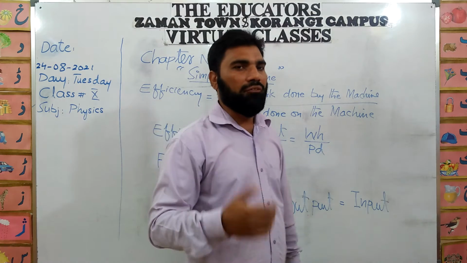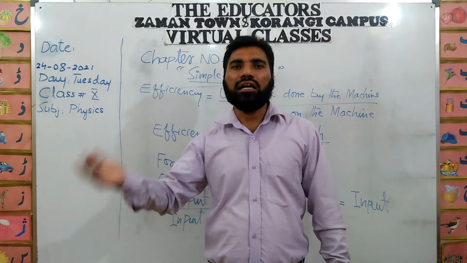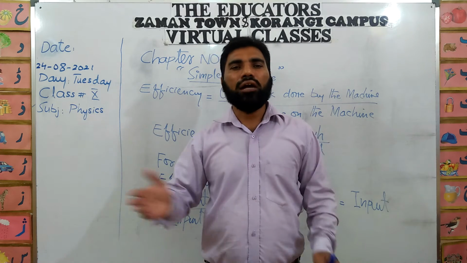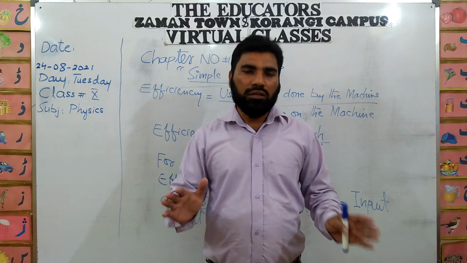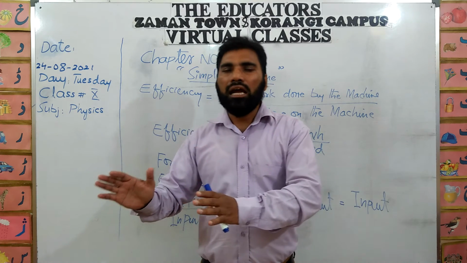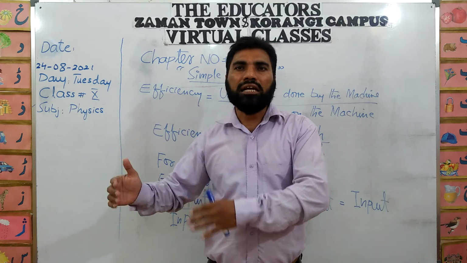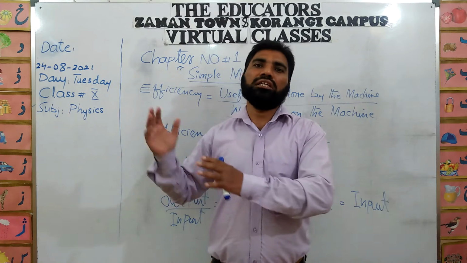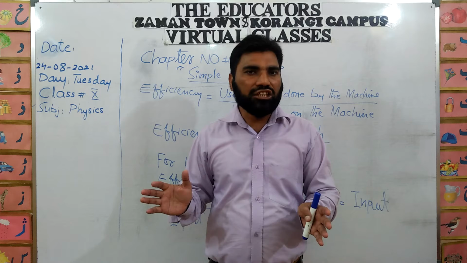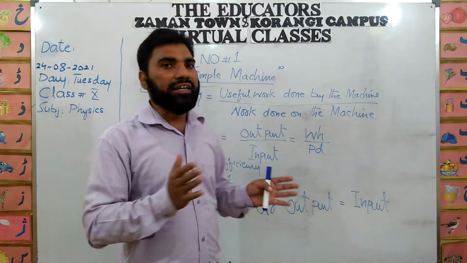It means whatever work you have done on the machine, the same work is done by the machine. There is no loss of energy. The same energy is used completely in the work done by the machine. This is not possible in the real case.